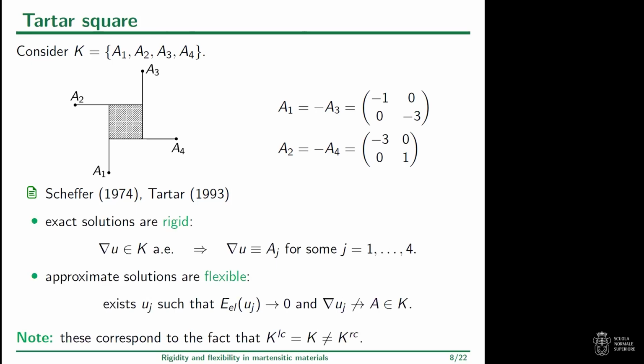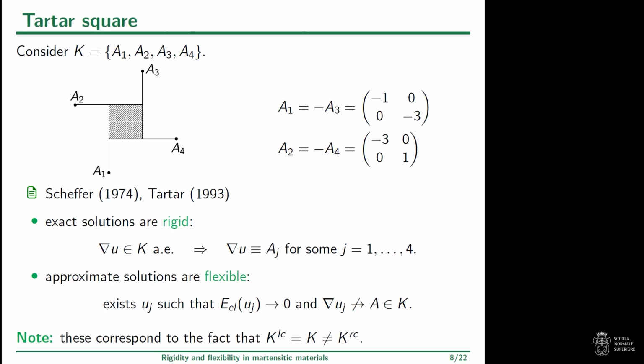Another, fancy way to relate this Tartar square to our question of rigidity and flexibility is the following one. This comes maybe in the context of T_N structures that I really don't want to introduce. Somehow you can say that this set of matrices is at the same time rigid and flexible, if you change a little bit the meaning of rigidity and flexibility that I told you so far.